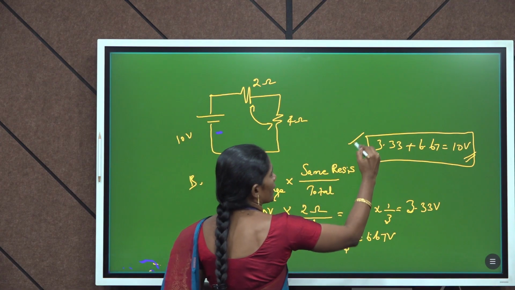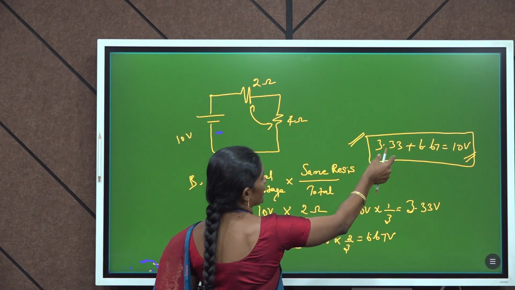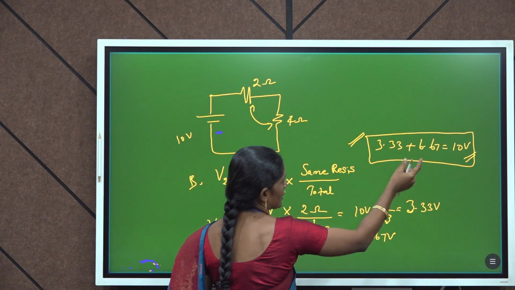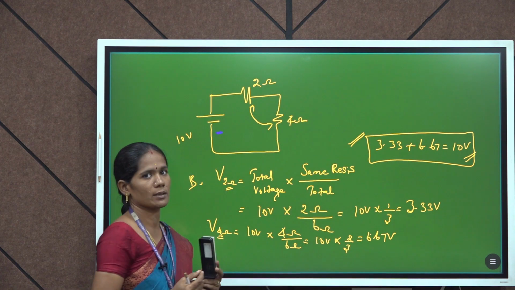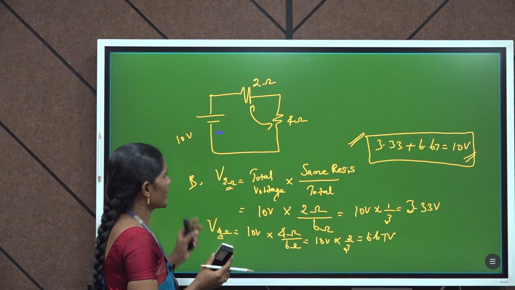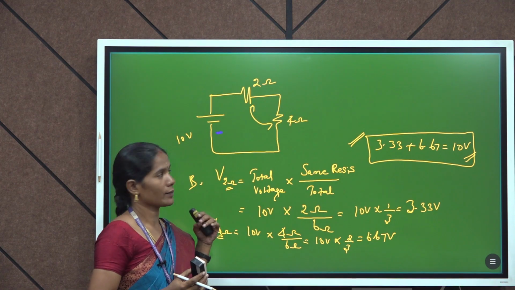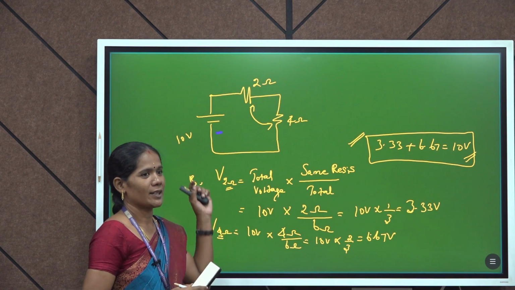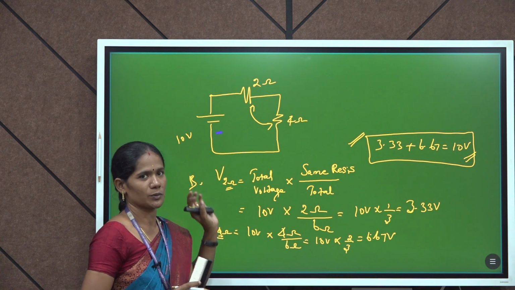That is why the branch voltage 3.33 added to 6.67 gives the resultant voltage of 10 volt. So, by this we verified KVL also.